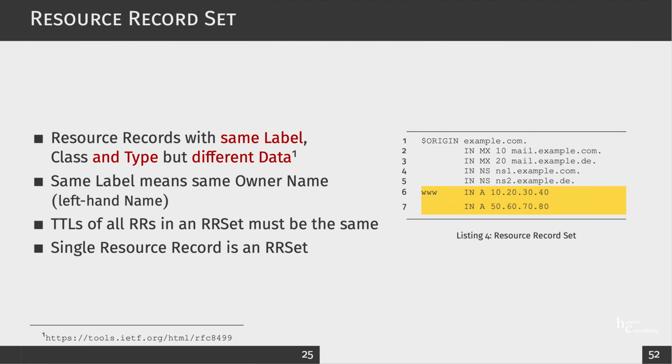So it's not the case that we can only sign resource record sets if they have multiple RData fields. Even if there's just one single label, one specific type, and one specific data field, that's a resource record set.